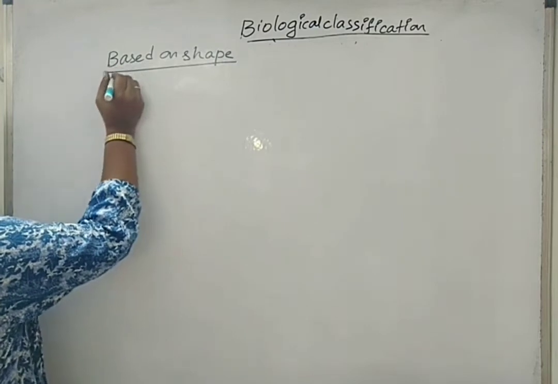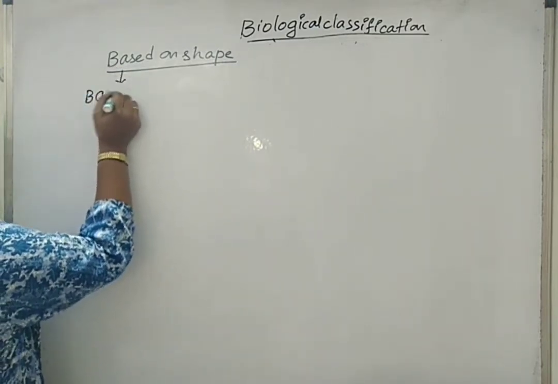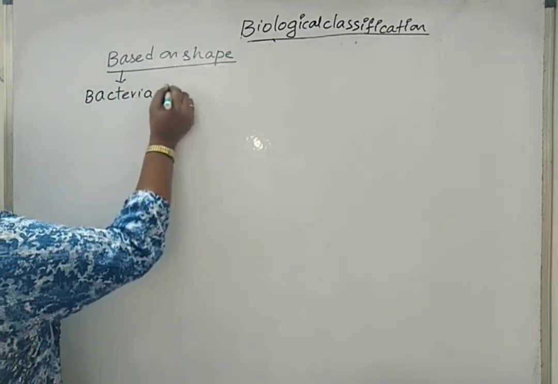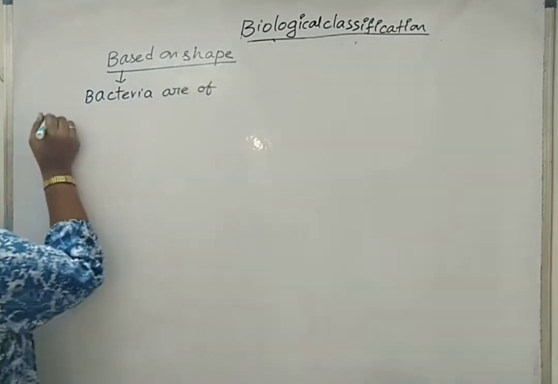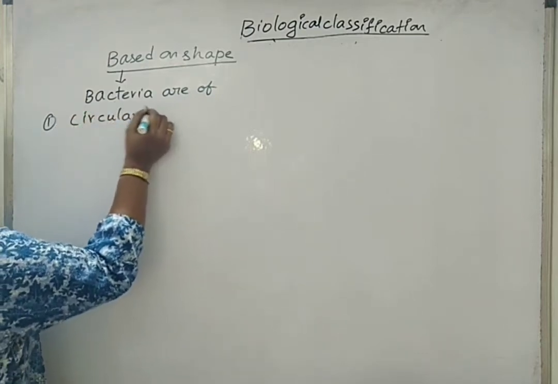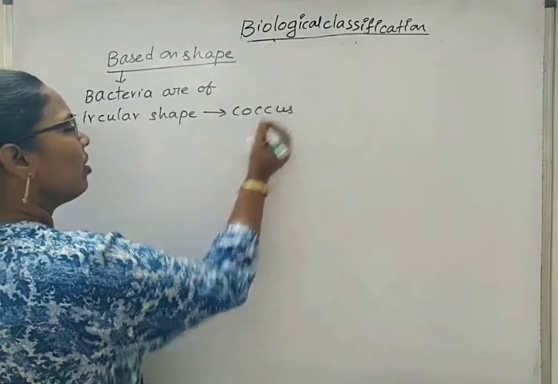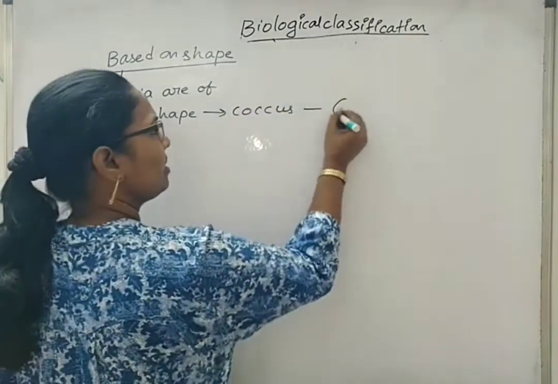Based on shape, bacteria have different shapes. First one, circular shape, called coccus or cocci. This is a round one.